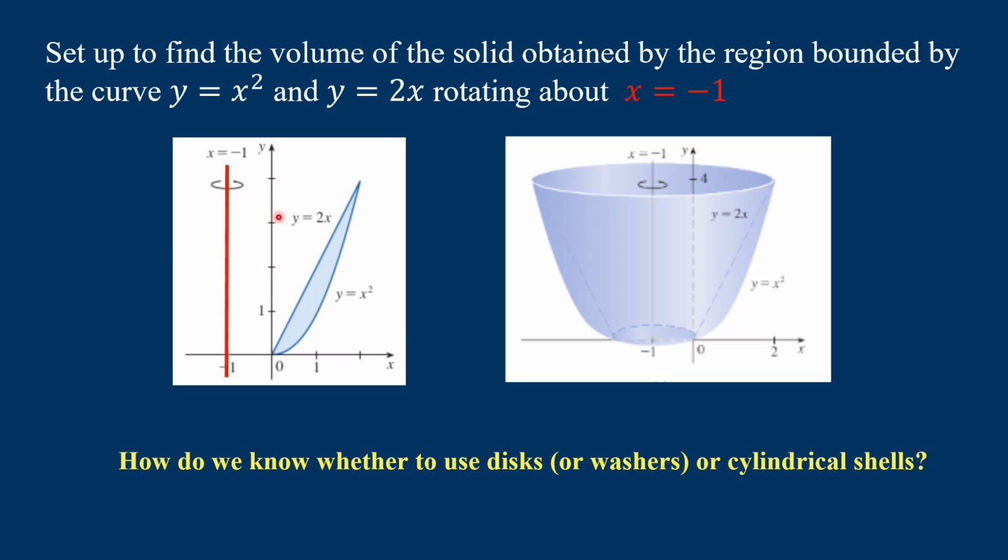You're definitely thinking about the washer method because there is a hole, but at the same time you're thinking about the shell method. Now you have to decide which method to use. Sometimes it's very hard to use the washer method, so you definitely use the shell method. Sometimes both methods work for a problem. So I'm going to show two different methods, and you'll see which one is better to find the volume.